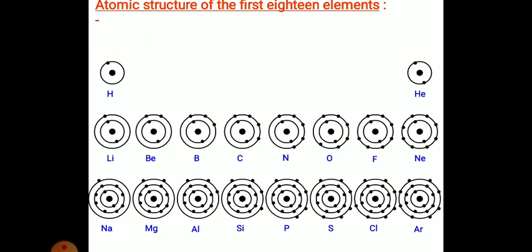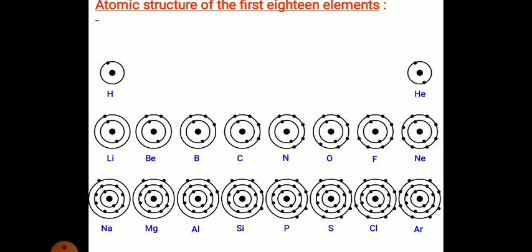Let us move to the next part of this chapter, that is the atomic structure of the first 18 elements. Students, these are the different shells which we have taken in our previous table, showing how the electrons are present in the different shells, as well as the valency.